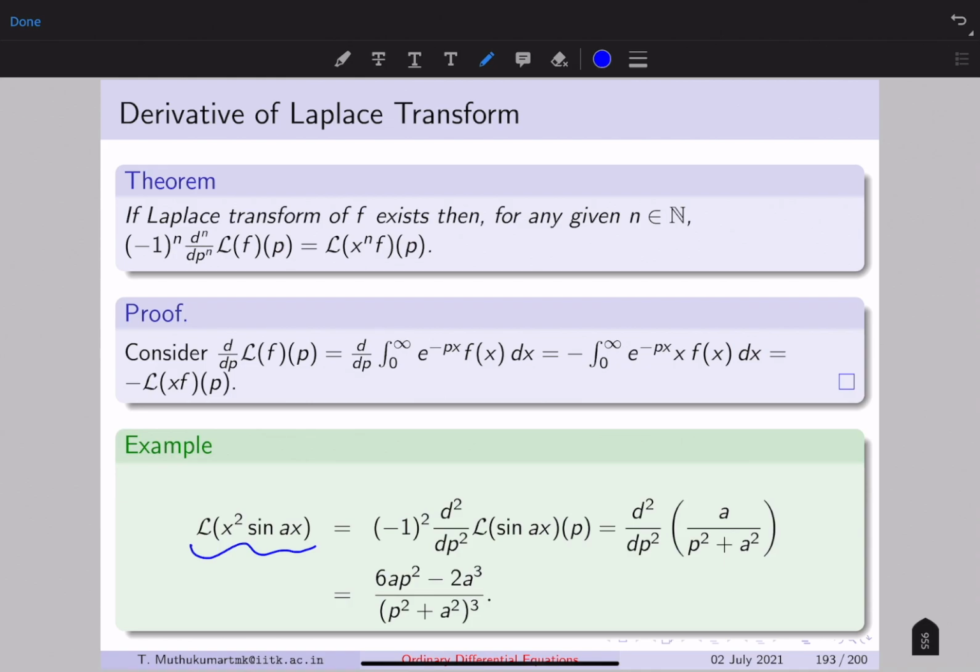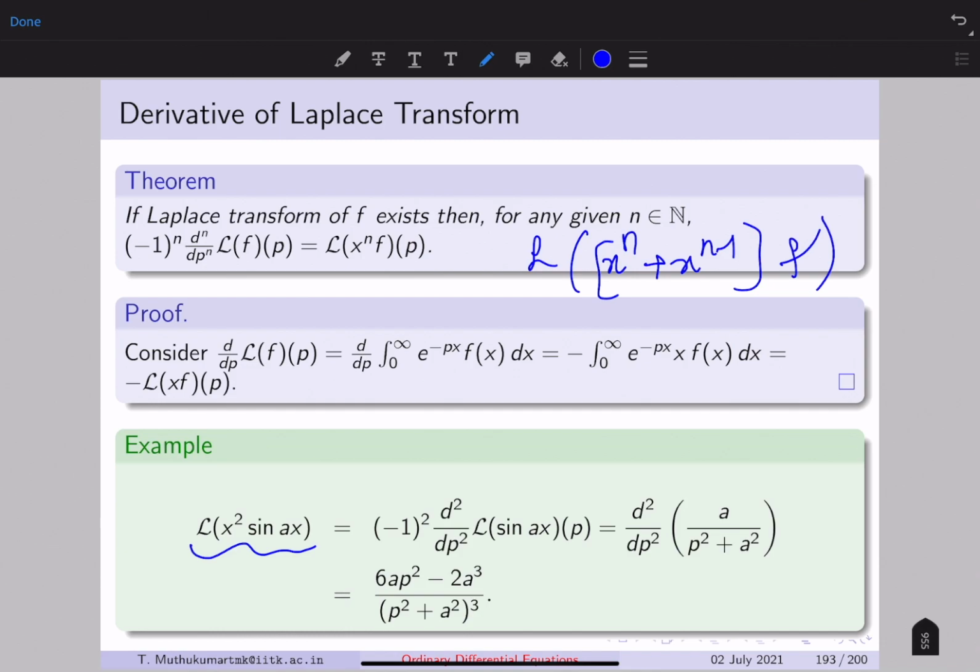This is one application of the fact that if you know the Laplace transform of a function, then you know what happens to it when it's multiplied by a polynomial of degree n. This result is enough to compute the Laplace transform when you multiply by any polynomial, because you have linearity.